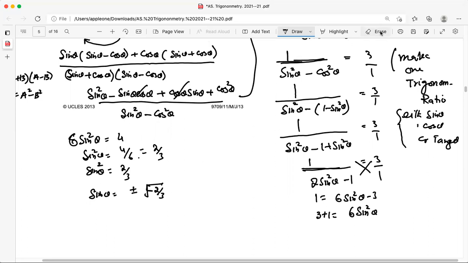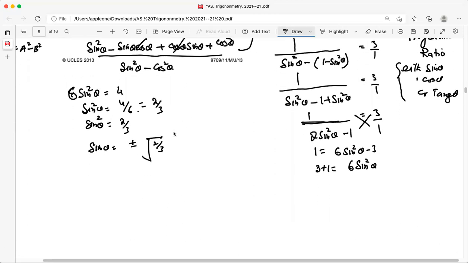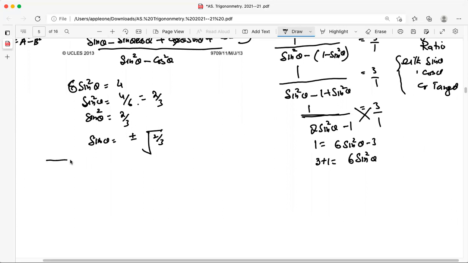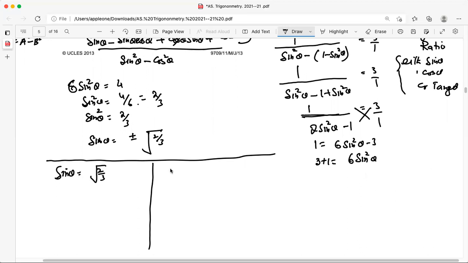So there's no negative sign here. That's just an error by mistake that came. Now what we will do here, we will do two things. I'll make a partition here. One solution will be done for 2 over 3, and one will be done for minus 2 over 3.